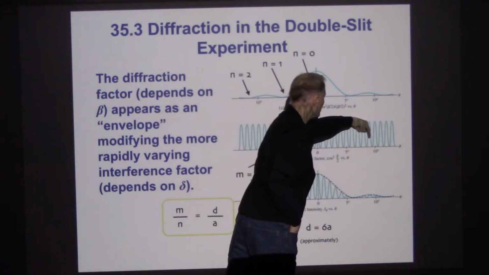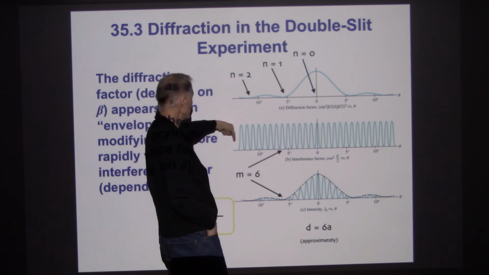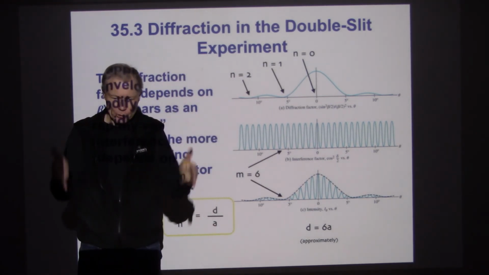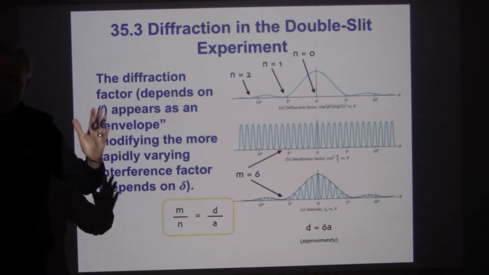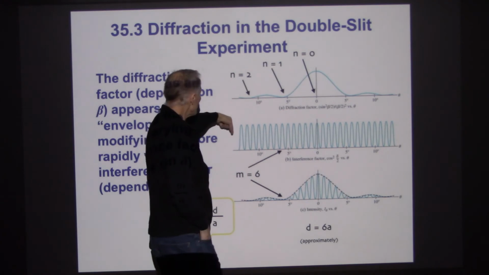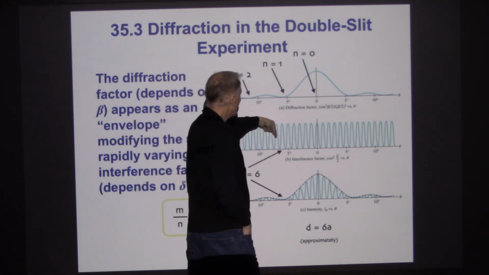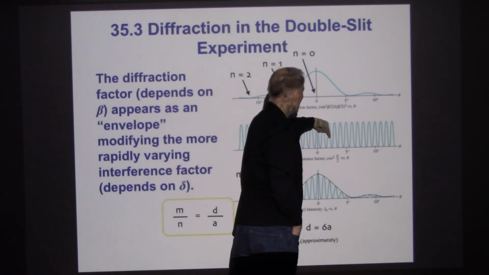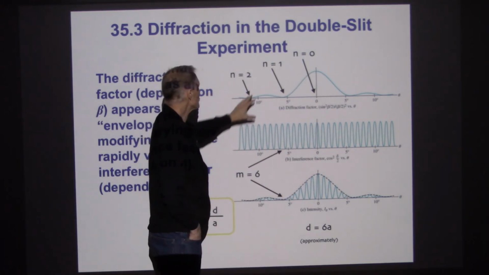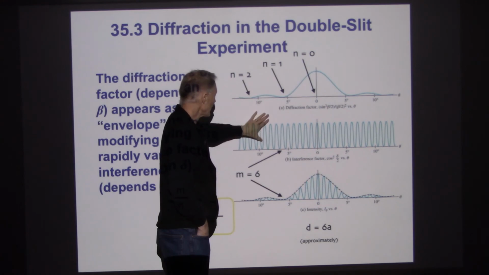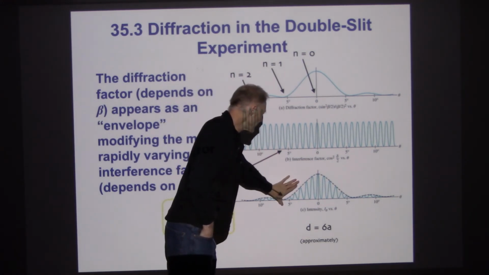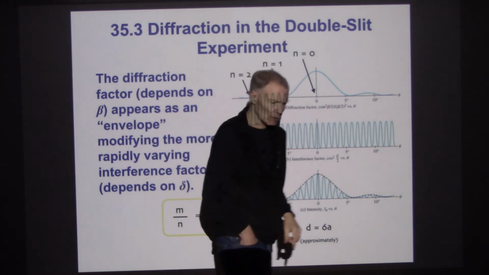Now remember, this was the two-slit effect that we saw in chapter 34. If we used a circular screen and assumed that the slits were infinitely narrow, then we got a series of equal intensity interference peaks. Now what we're going to do is take the diffraction effect and combine that with the two-slit effect and say this is what the interference effects are really going to look like.